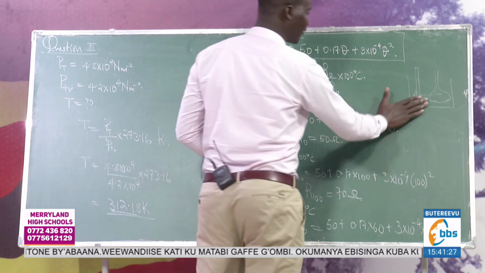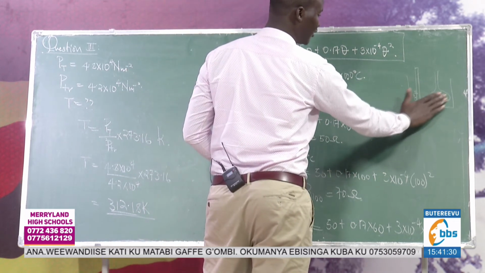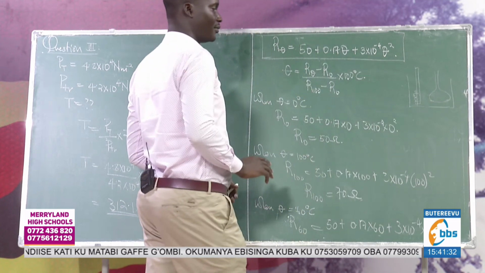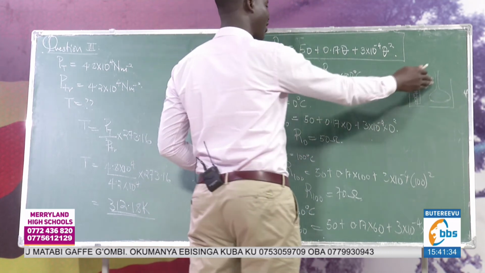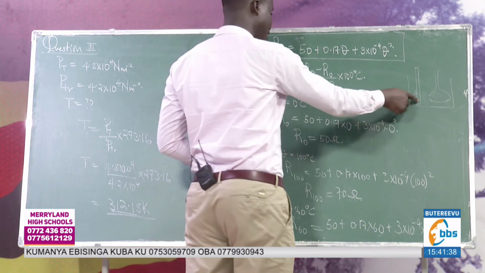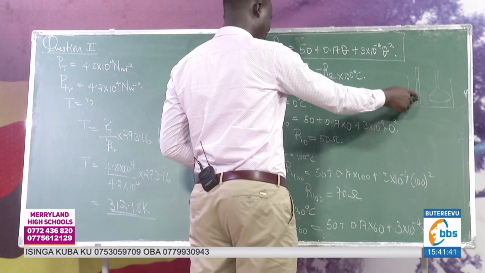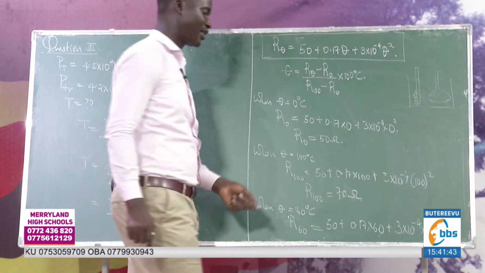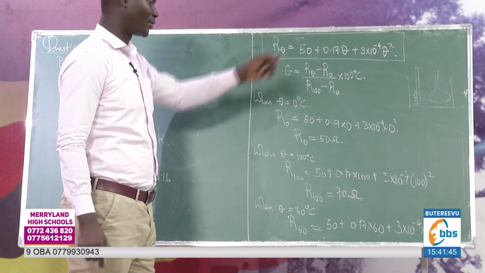Then, if I transfer now and I immerse this in steam, yes, the constant volume gas thermometer will give me a reading of 100 degrees C. But the resistance of the platinum wire at this particular temperature will be 70 ohms, as calculated using this equation.